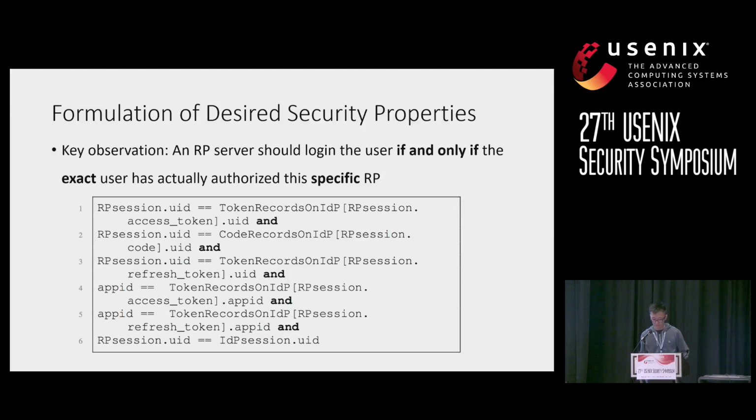Clause 4 and 5 ensure that the access token and refresh token, like here, should be passed to the intended RP, but not to other RP servers. Clause 6 means that the final logged in user should be the one who authenticates and authorizes with the IDP.